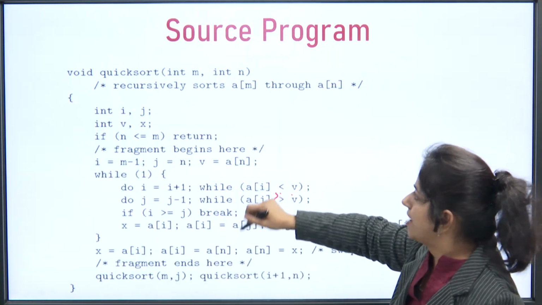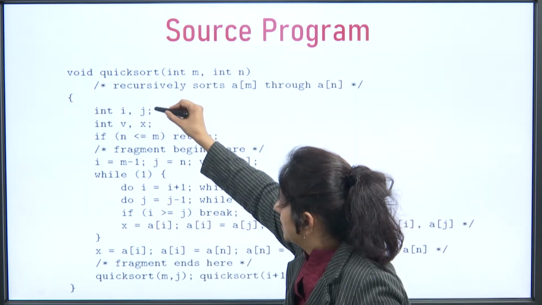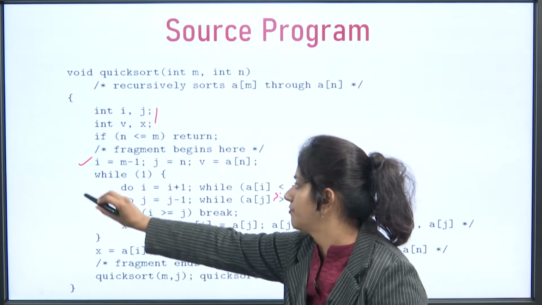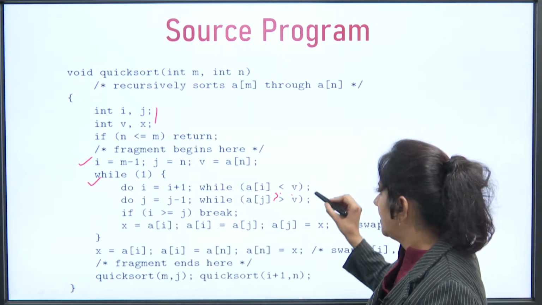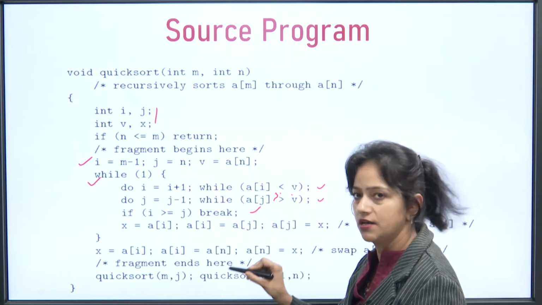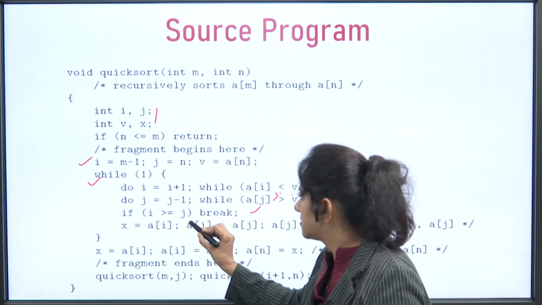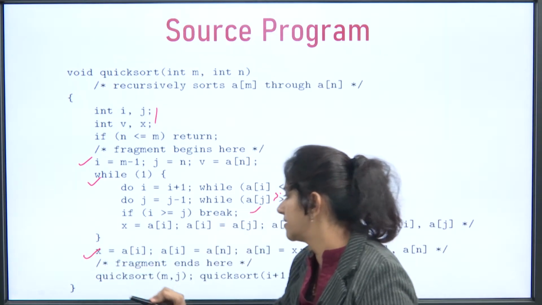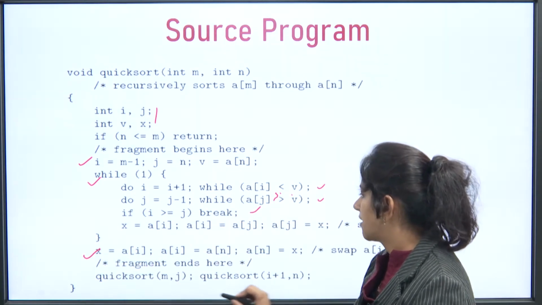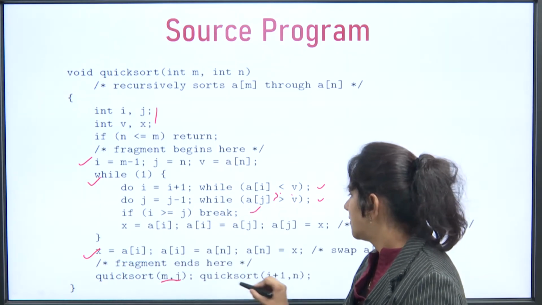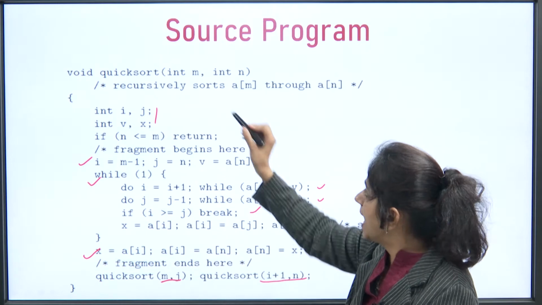It has a declaration section, and here we are initializing the variables, then there is while for 1, and then there are 2 while loops inside it. Then there is an if condition, and if this condition is met, then we break from it and come out at this particular statement. Further we are calling the procedure for some other values of m and n.